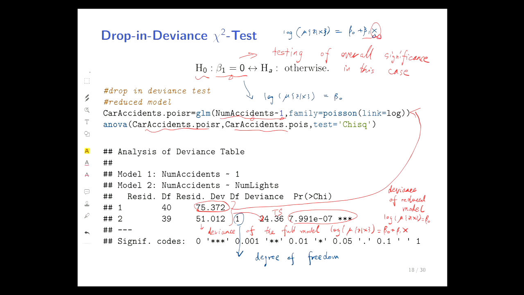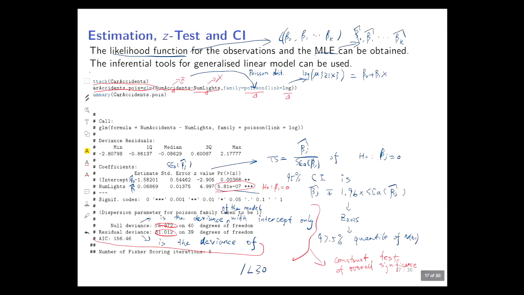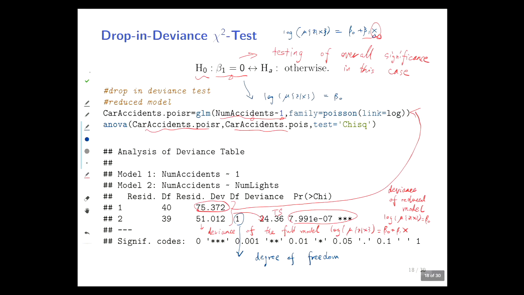Because in this case, we really have this very special situation with only one explanatory variable. But if we have two explanatory variables, for instance, mu z given x, log, equals beta 0 plus beta 1 x1 plus beta 2 x2, then the testing of overall significance becomes: the null hypothesis is beta 1 equal to beta 2 equal to 0, and the alternative hypothesis is otherwise, basically the opposite of the null hypothesis.